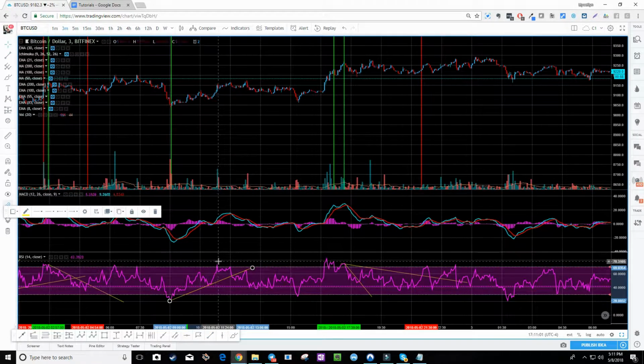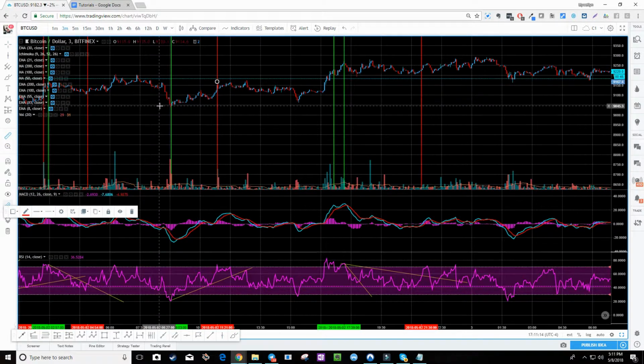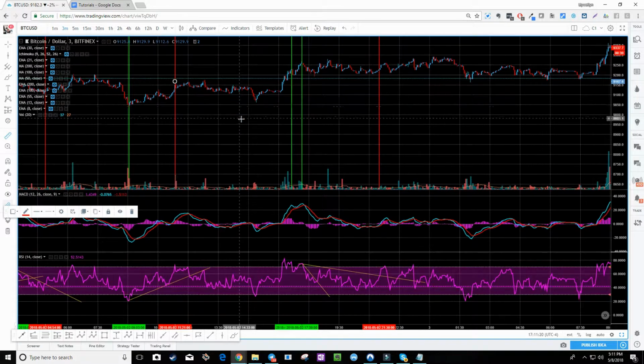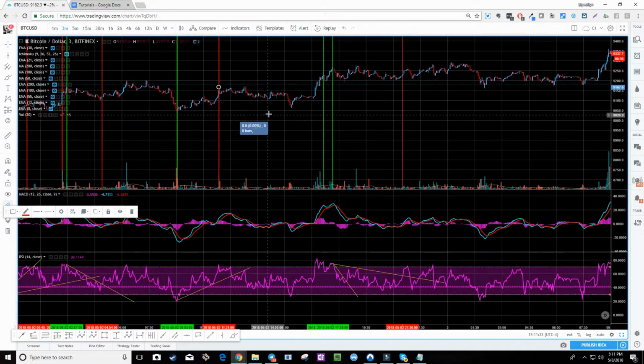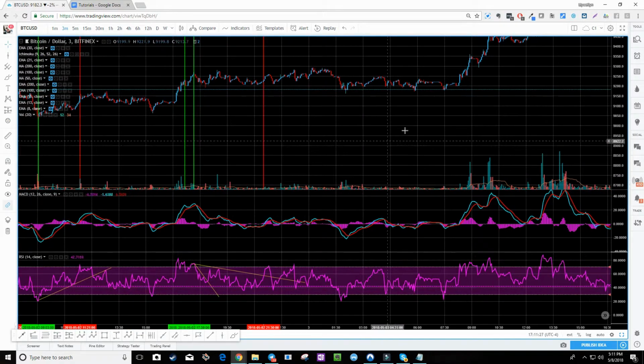We move into overbought territory there, so that's where we would sell if we're playing it straight up. You're going to get a little over a percent versus the smaller loss that you take on the ones that don't work out as well.